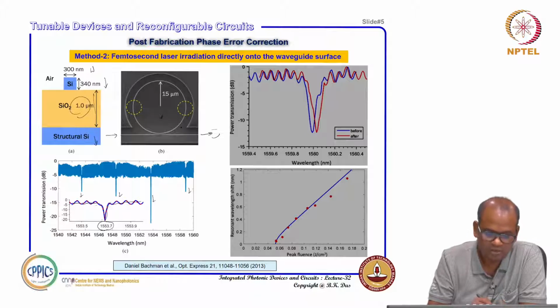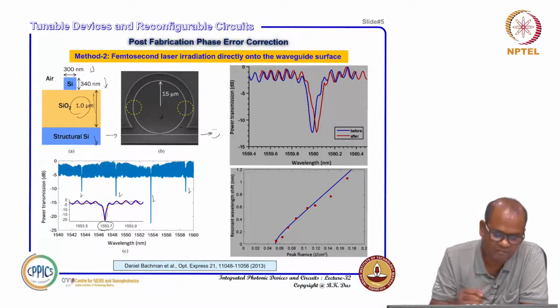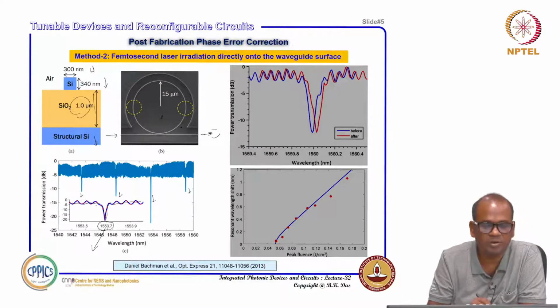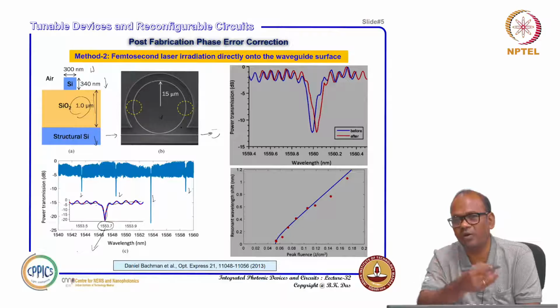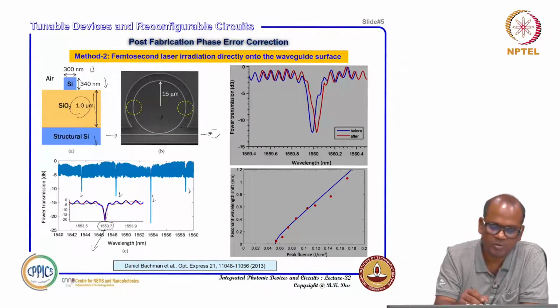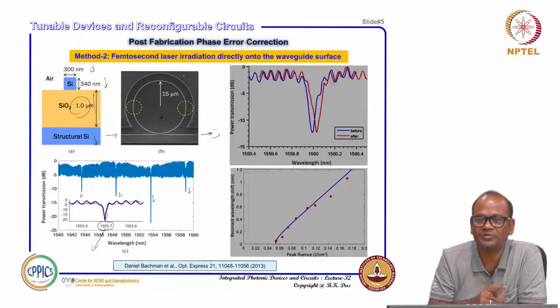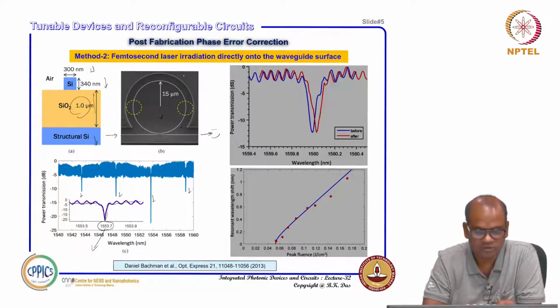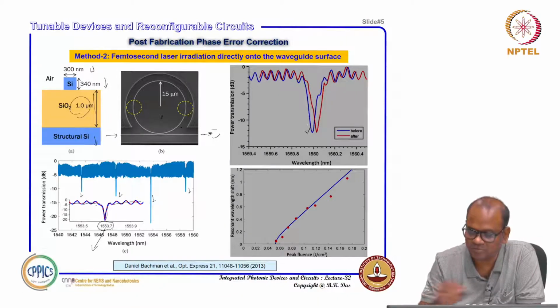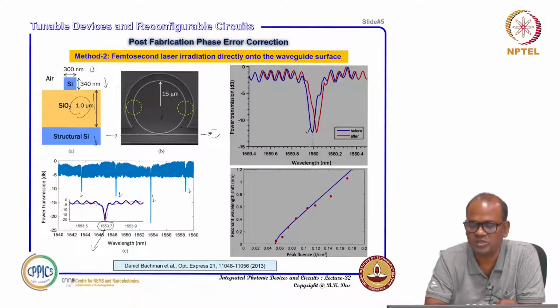So, device to device after fabrication, suppose you wanted the resonance wavelength at 1553. Not all the ring resonators fabricated throughout the wafer may appear at exactly 1553. So this type of femtosecond laser irradiation can adjust the resonance wavelength a bit according to your desired specification. For example, here before irradiation you have this transmission curve, giving a resonance around 1560 nanometer.